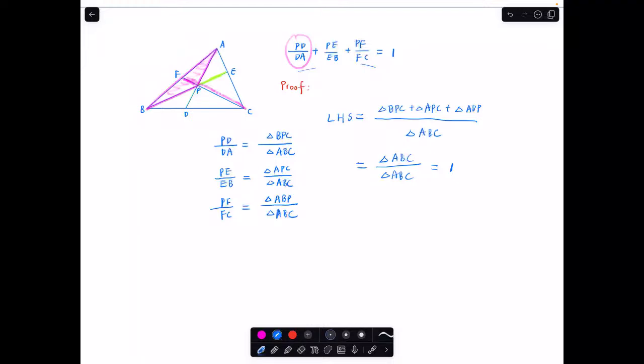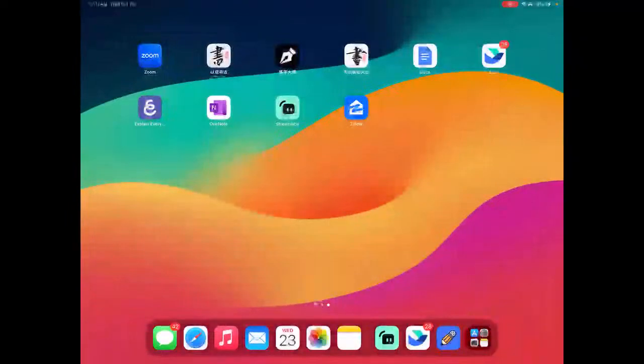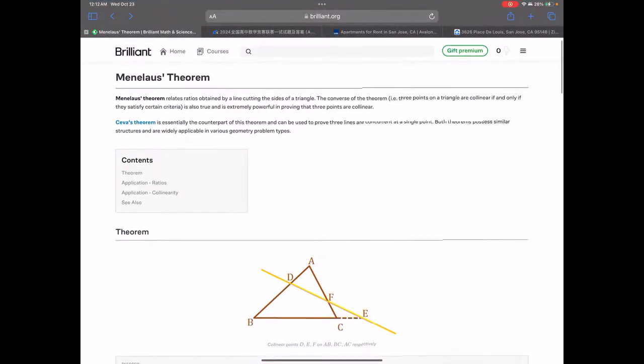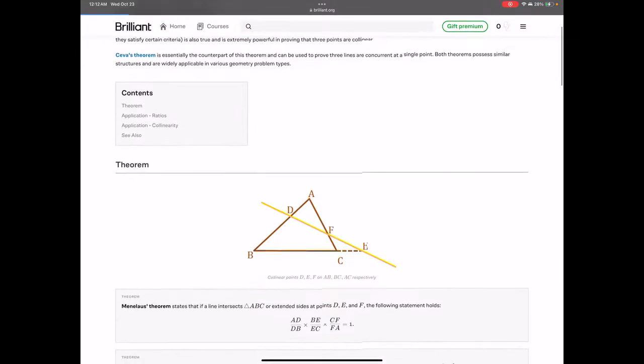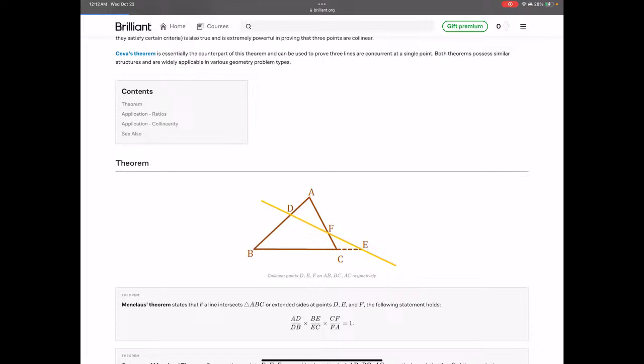So today we're going to cover another important theorem using the area. We can prove that. That is, if you go to brilliant.org, you're going to have the Menelaus theorem here. What it says is that if you have a straight line cutting a triangle, you're going to have this result.